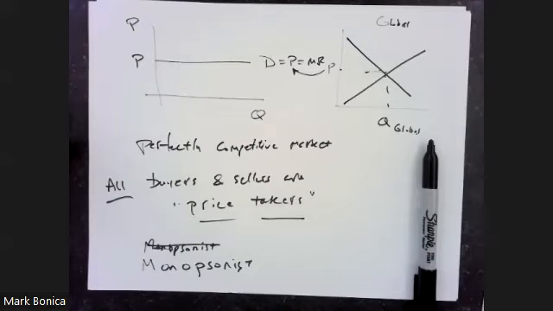So for example, I don't remember when they broke it up, but AT&T, American Telegraph and Telephone Company, that's what they were originally called, was a monopoly provider of telephone service in the United States. If you had a telephone in your house, you rented it. You didn't own it.